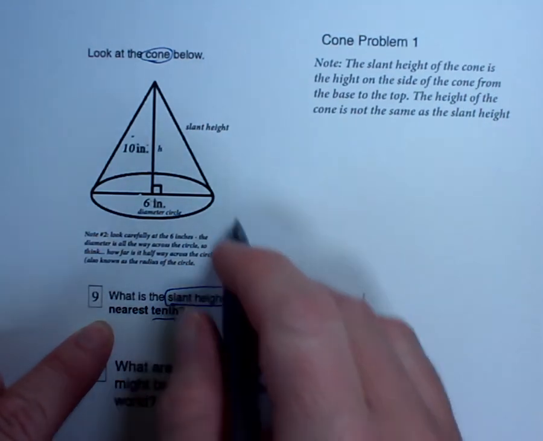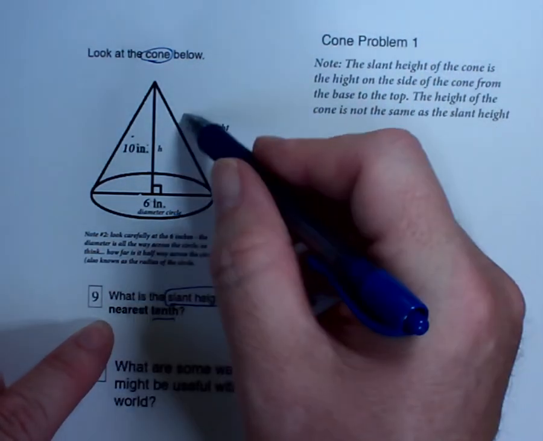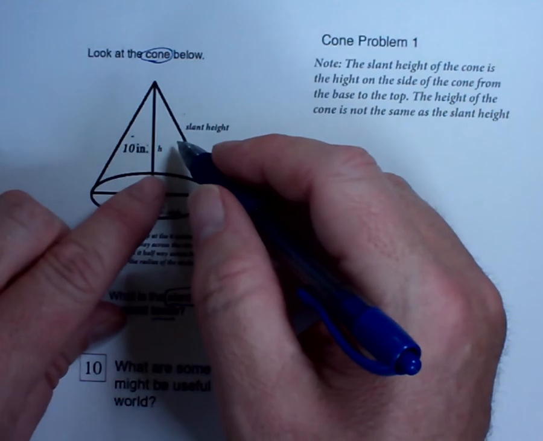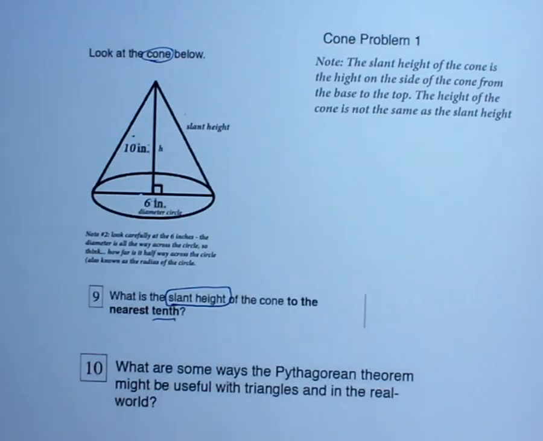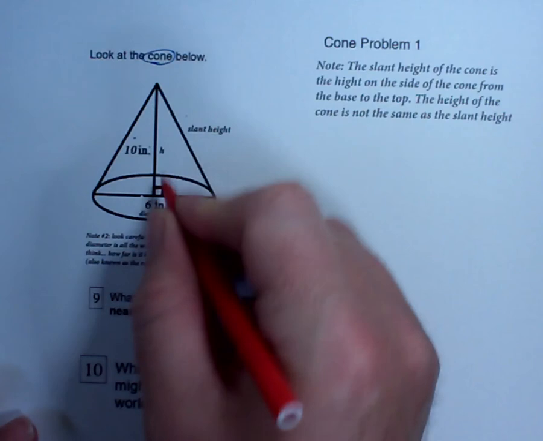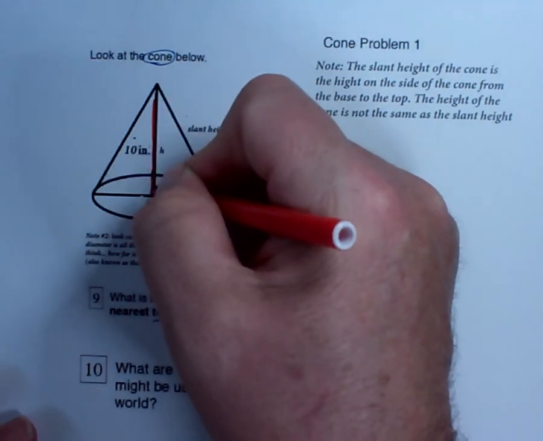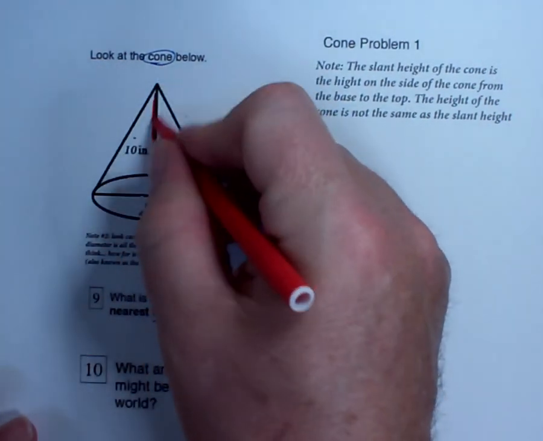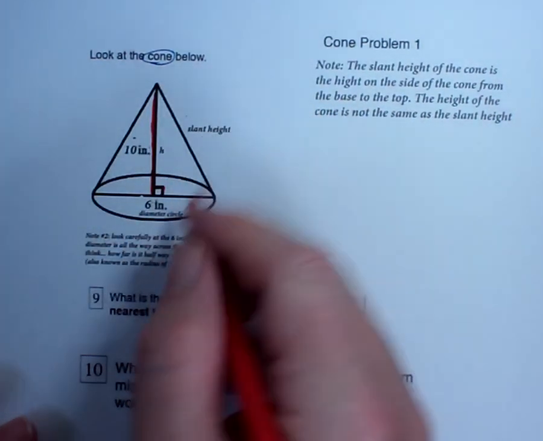Okay, well, the slant height is a little different than the height of the cone. The height of the cone is measured at a 90-degree angle from the base of the cone. So this is the height of the cone, not the slant height.